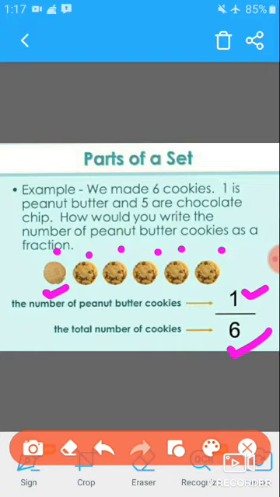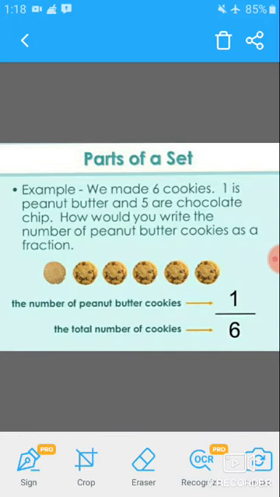So the fraction of number of peanut butter cookies is 1 upon 6, or you can say it as 1/6. Okay? So I hope you understood this concept very clearly.